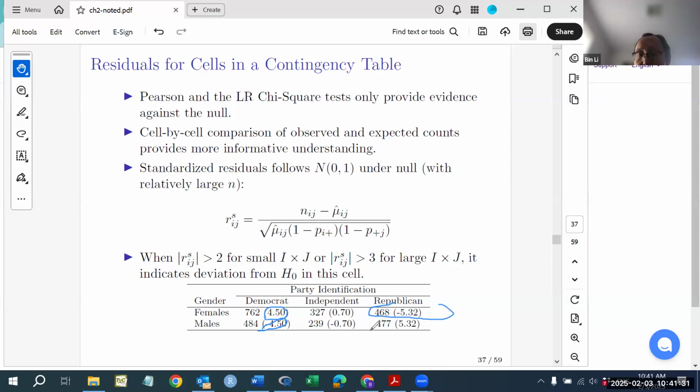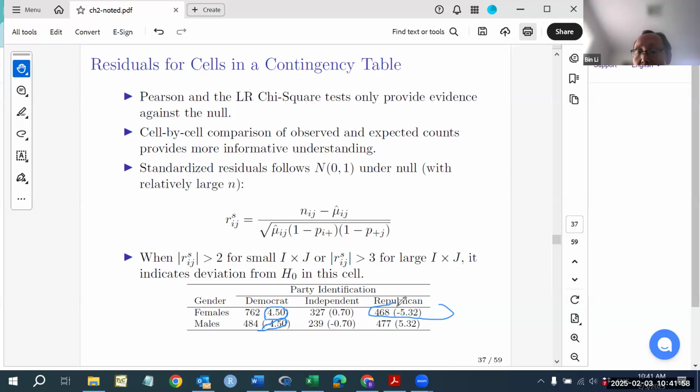So this tells us what? It tells us that if gender and party identification are independent, we can easily see there is an outlier. The females in the Democratic are much higher than what we expected, right?